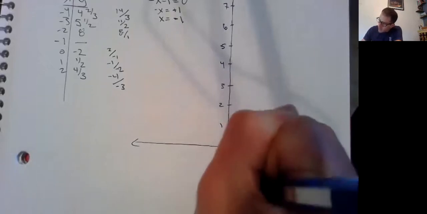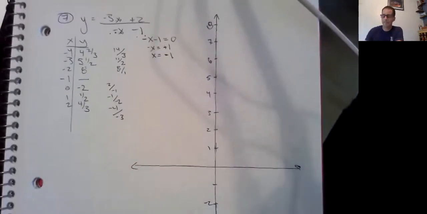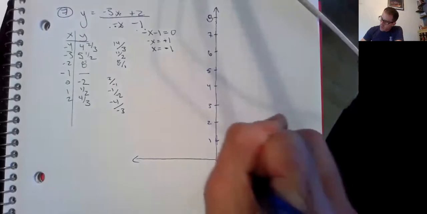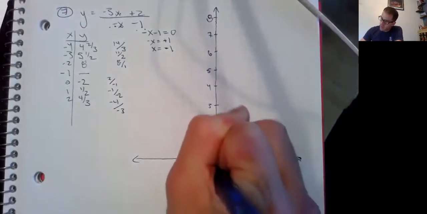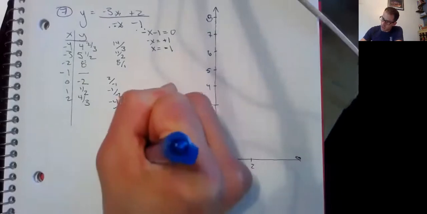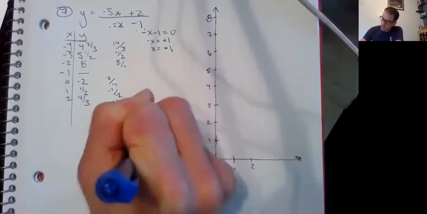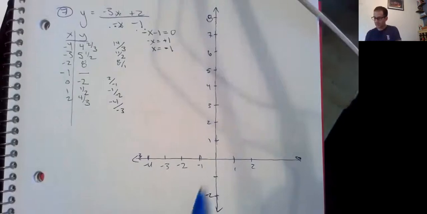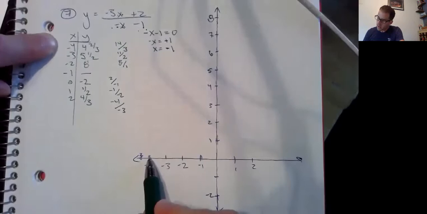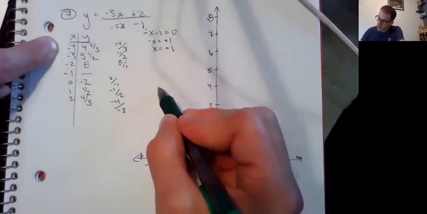Negative 1, negative 2. Ooh, gotta zoom out here for you. 1, 2, negative 1, negative 2, negative 3, oopsies, negative 4. Sorry about that. Okay. So negative 4, 4, and then 2/3.